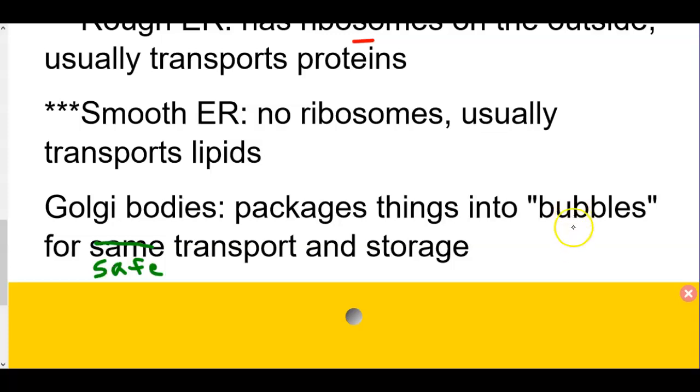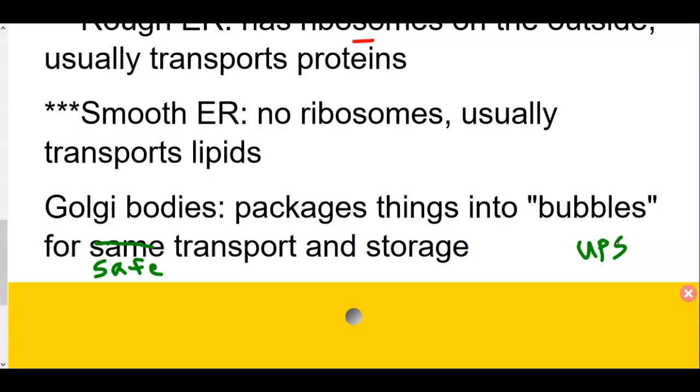So you might think about this as like the UPS store, right? It's someplace you might take maybe an antique vase and it's really fragile, and you take it in and they wrap it up in bubble wrap and they put it in a box and tape it up real good, put a label on it, and then that vase gets shipped off to your grandma. Okay, that is what the Golgi bodies do.